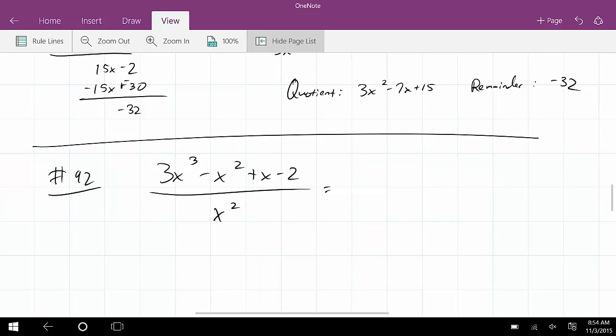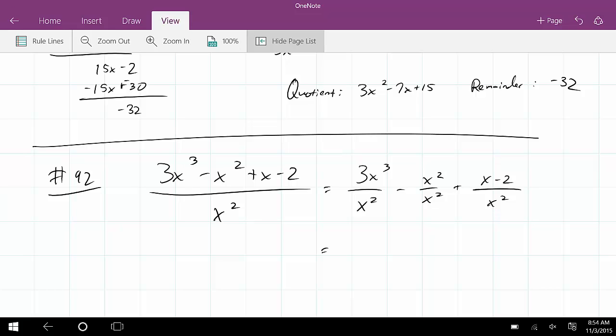This one's actually one you could do relatively easily because you don't even really need to use long division on this one. You could just say that this is 3x cubed over x squared minus x squared over x squared plus, and then you can see that x minus 2 over x squared is going to have to be the remainder, because if you divide that out, you're going to have rational terms in this.